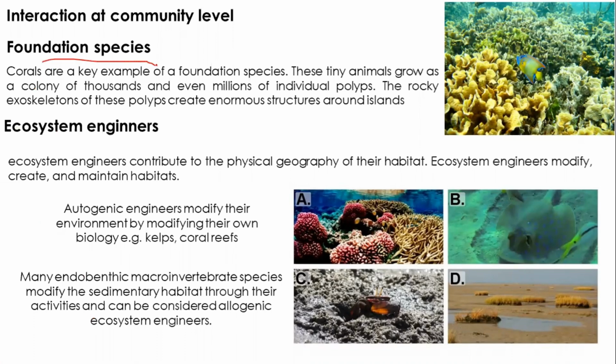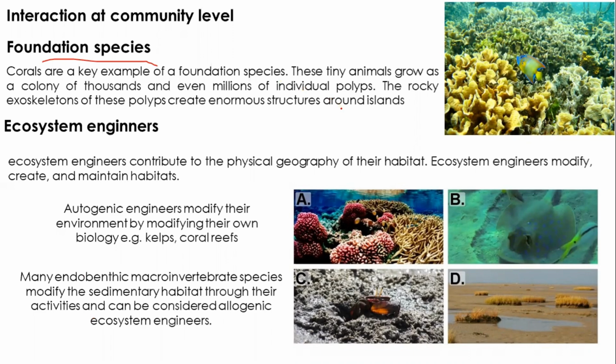Foundation species are those species which not only live in one area and support other organisms through the food chain, but also provide feeding and breeding grounds for other organisms to live.